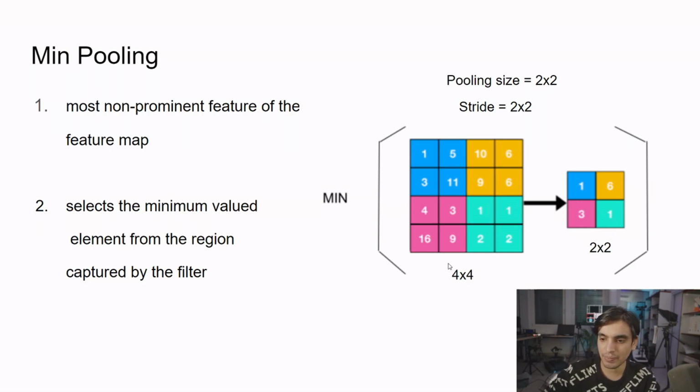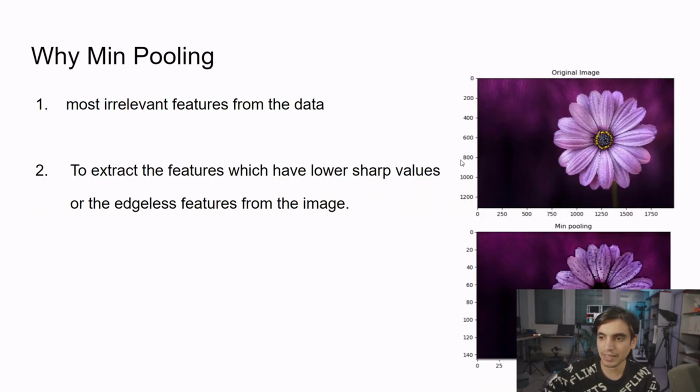And here you can see min pooling is also reducing the size of the image into lower dimensions. Why and when do we need to apply min pooling? It helps us get the least prominent features from the image, to extract the features which have low sharp values or the edgeless features from the image. For example, here is our original image.